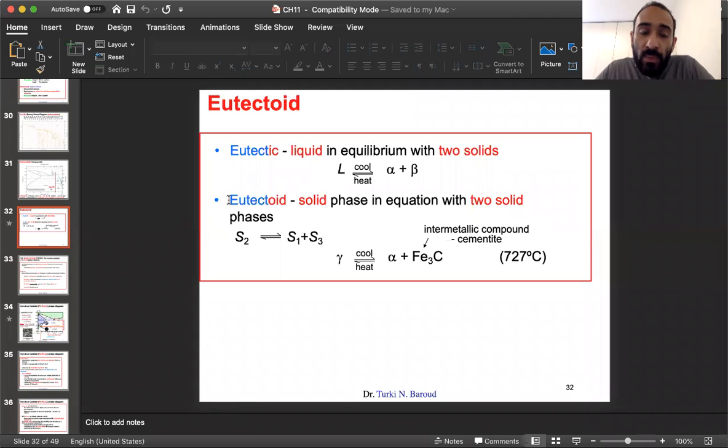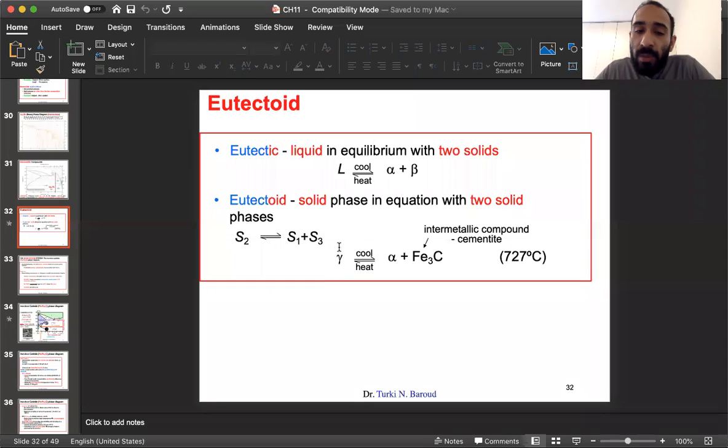Now we also got to know about something that's called eutectoid, where you have a solid that transforms into two solids. So upon cooling, one phase can transform into two solid phases.